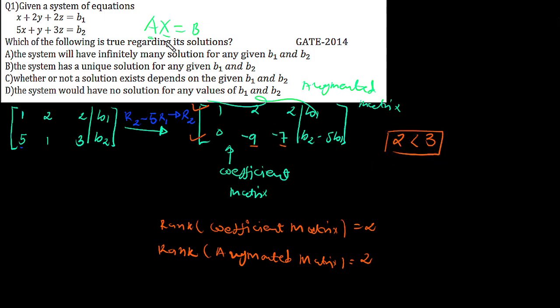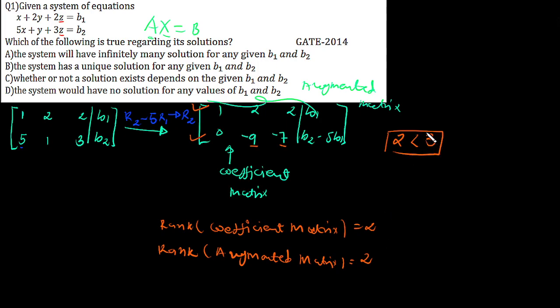In other words, I have to choose a random value for one variable. Suppose I choose a random value for the variable z, then according to that value I get the values of x and y. In that way I end up with infinitely many solutions regardless of b1 and b2, because whatever values b1 and b2 take, the rank of the augmented matrix is still 2, and it is again less than the number of unknowns.